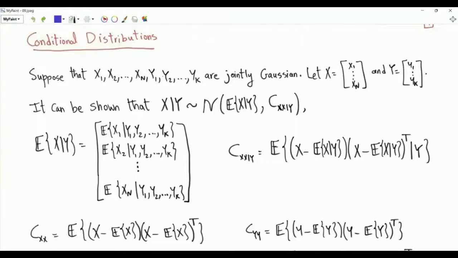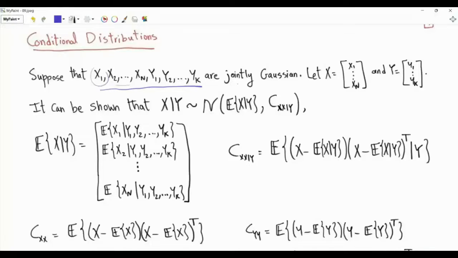In some applications, we are interested in the conditional distributions and the conditional statistics. So here we have big N plus big K jointly Gaussian random variables, x1 to xn and y1 to yk. They are jointly Gaussian. So now we understand the game.